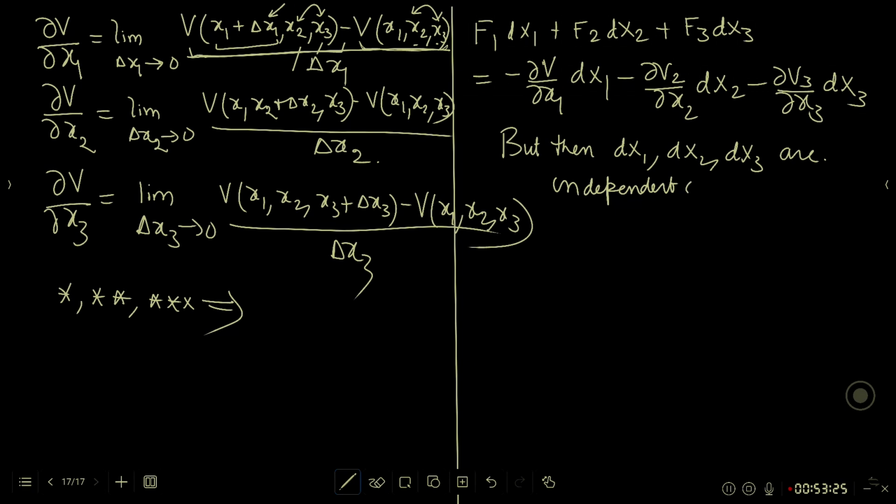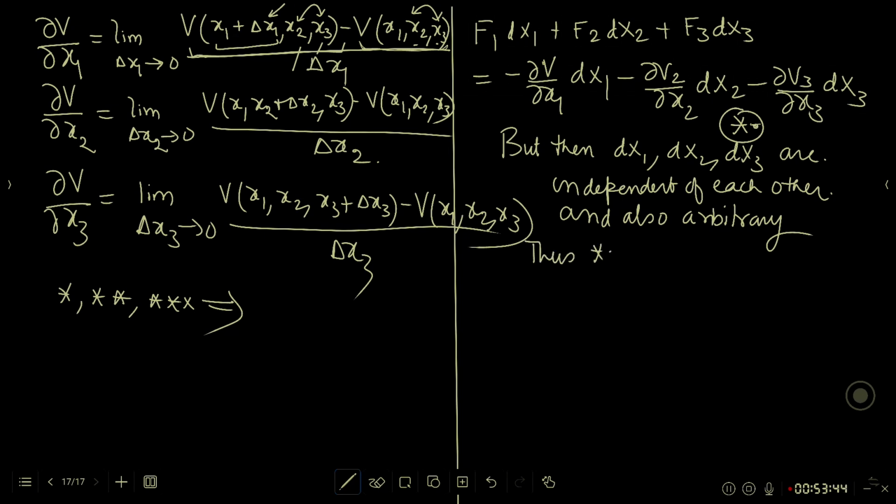It implies three things. We get a relationship between the three components of the force and the derivatives of its potential along three directions, the partial derivatives. I stop here.